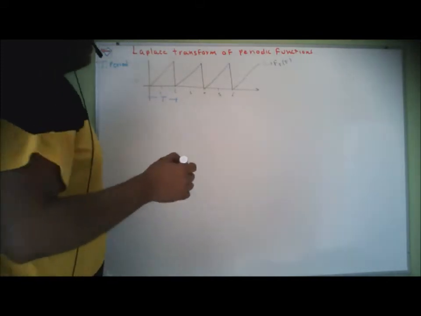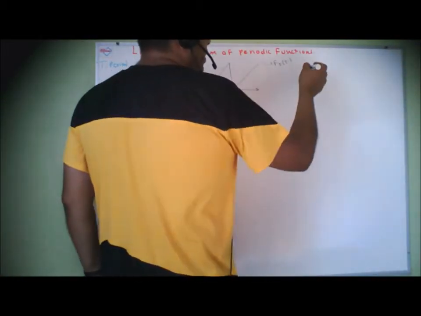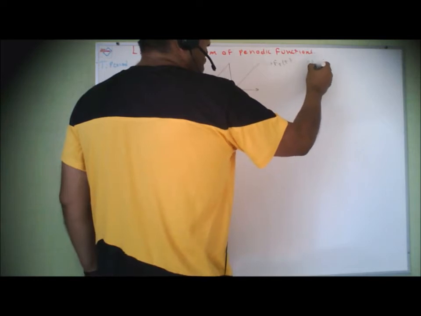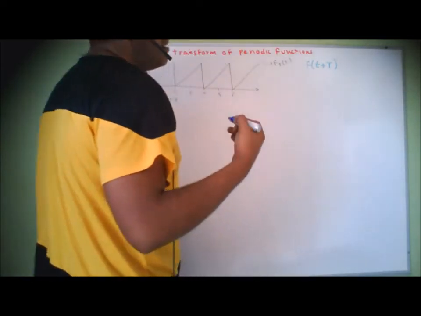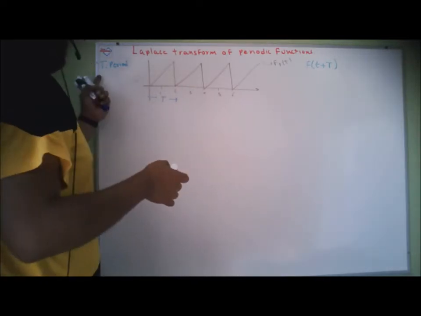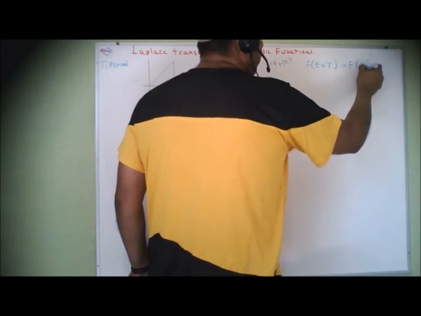Now, mathematically, a periodic function is a function where, if you shift it by plus T or minus T, the period, it is going to be equal to the same function, right?